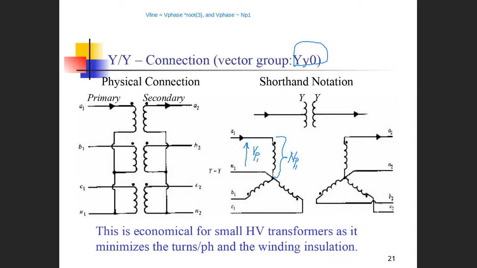Suppose 220 volts corresponds to, for example, one volt per turn.